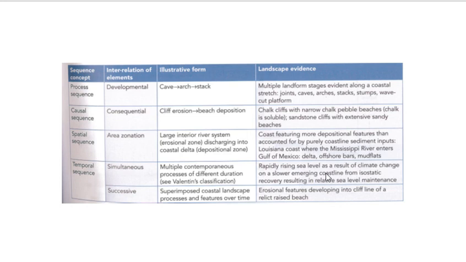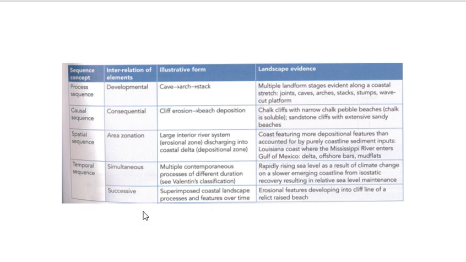Sea level rise is the key one, so you've got eustatic and isostatic working together to make a bigger change in the area. And then we've got successive, like something that happened in the past that you can still see now, like your relic cliffs, or your stump and stack that's a long way away from the beach. This isn't happening at the same time now. This is like leftovers from the past.